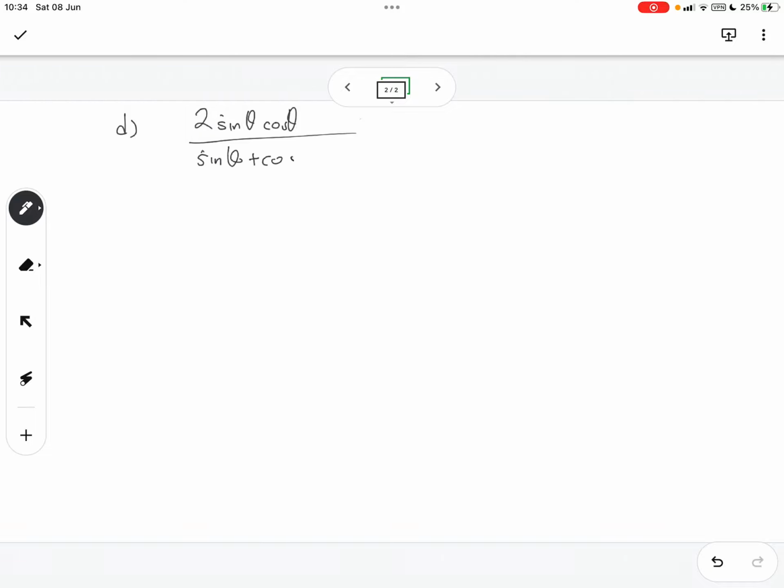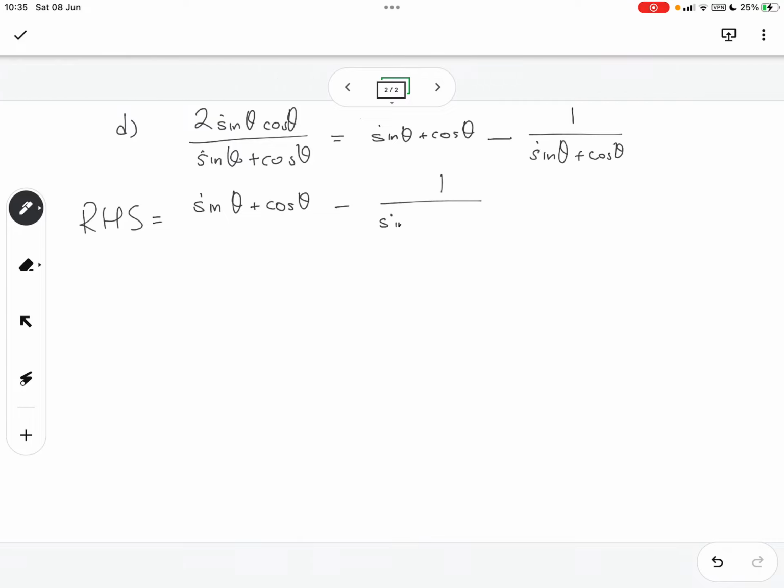Number D says 2 sine theta cos theta over sine theta plus cos theta, and this equals sine theta plus cos theta minus 1 over sine theta plus cos theta.